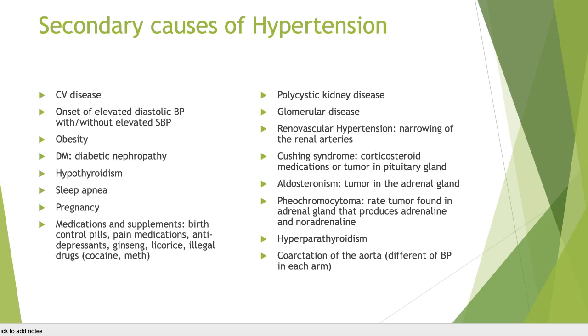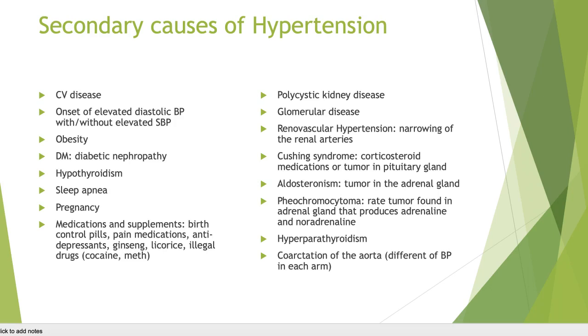If patients have an onset of elevated diastolic blood pressure with or without elevated systolic blood pressure, they probably have a situation of diastolic dysfunction, obesity, diabetes, of course, hypothyroidism, sleep apnea, pregnancy.